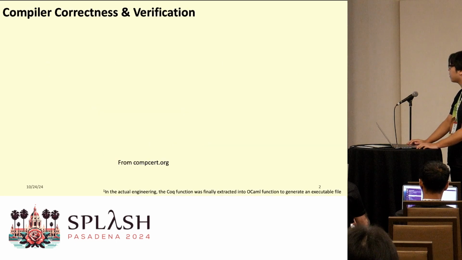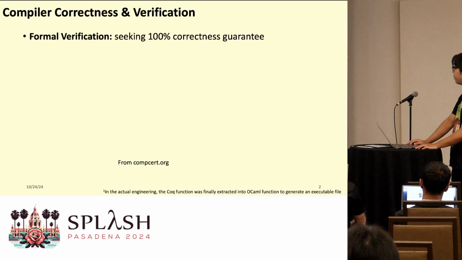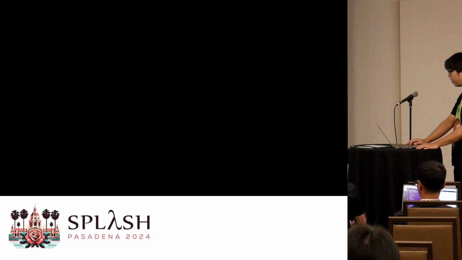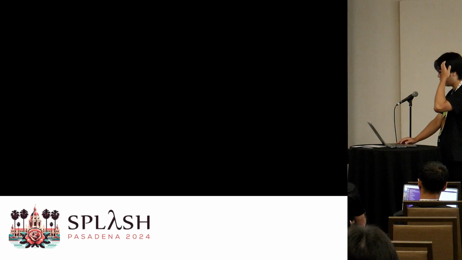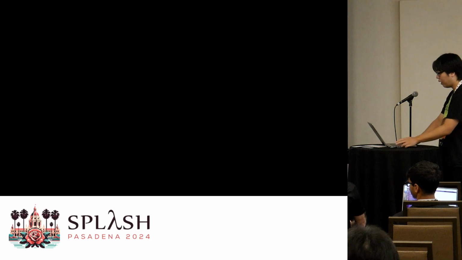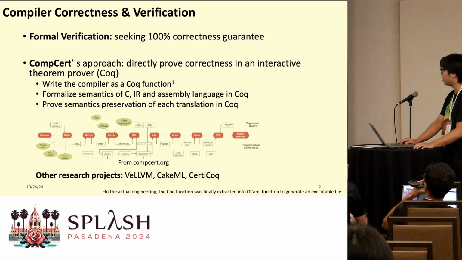I'm a PhD student from Georgia Tech, and today I'm going to present my recent paper on fully verified instruction scheduling. As you may be aware, there have been lots of advances on compiler correctness and verification. The goal is to establish 100% correctness guarantees. CompCert is one of the most representative examples.